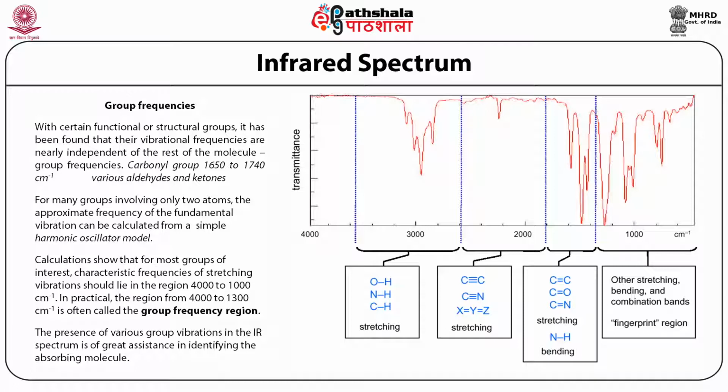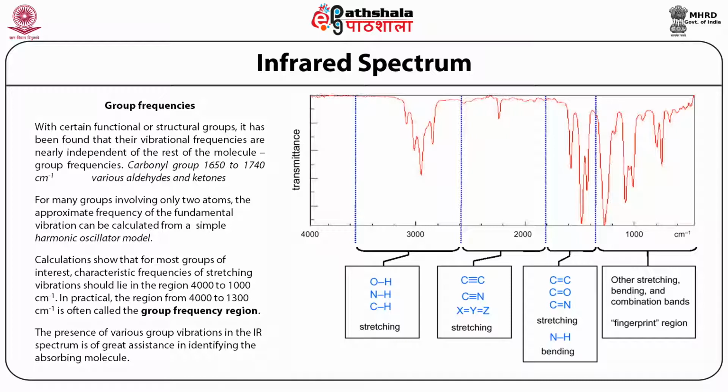The second region gives information about stretching of the carbon-carbon double bond, carbon-oxygen double bond, carbon-nitrogen double bond, and bending of the nitrogen-hydrogen bond.